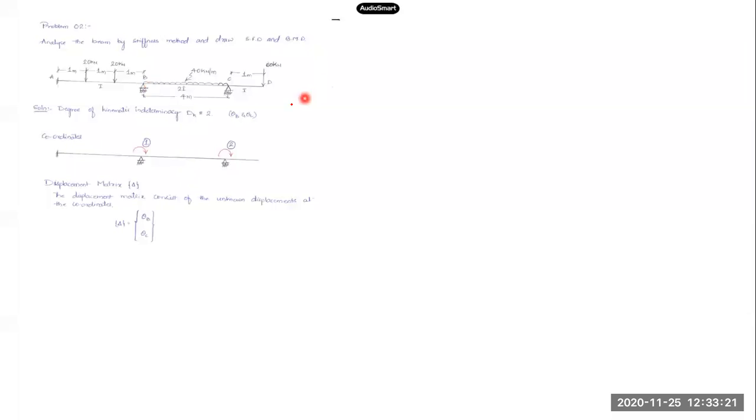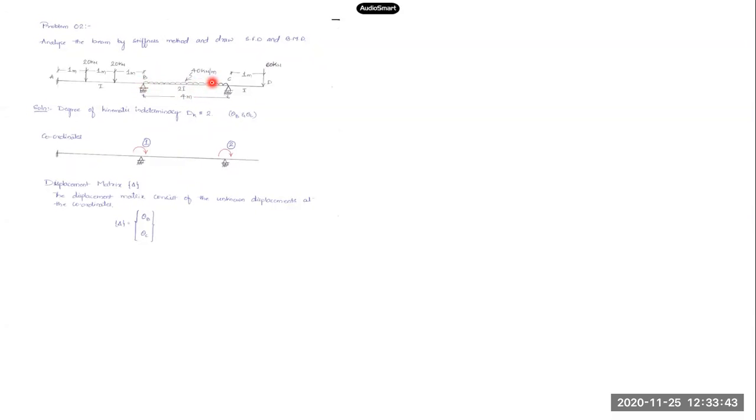So here, if I now first determine the degree of kinematic indeterminacy, I'll come to know that it is 2. Clearly, by seeing here, I can say at joint B rotation is allowed, and even at joint C, rotation is allowed. So these are the two unknown displacements existing in the beam. Okay, independent displacements.